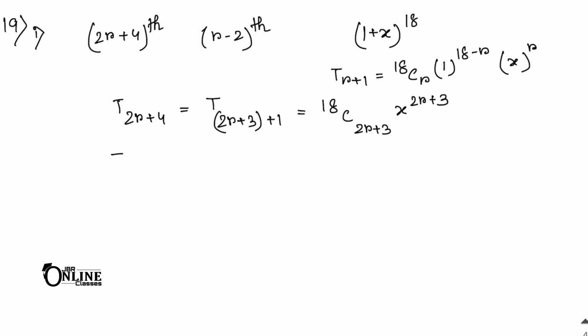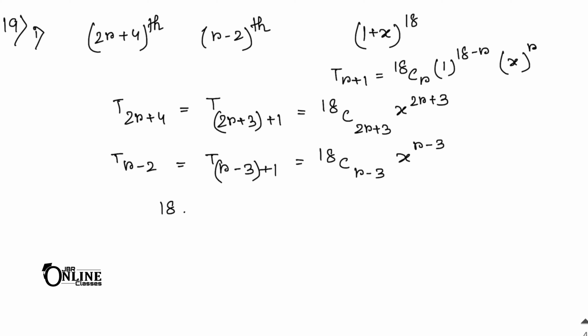Now for the next one, the (r-2)th term. For r minus 2, you can write r minus 3 plus 1. So it will be 18C(r-3) and x to the power r minus 3. Now according to the problem, these two coefficients will be equal.